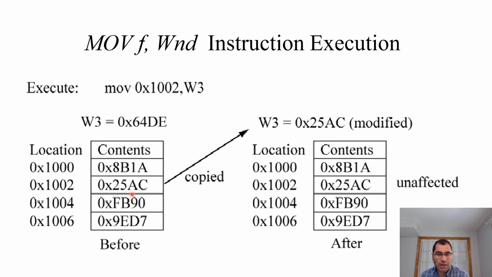What's going to happen? We are going to copy the content of this memory location and put it in W3. That's it. So this is before and this is after. Nothing changed in the memory location, so the only thing that changed is the content of W3, which is what we expect, right?